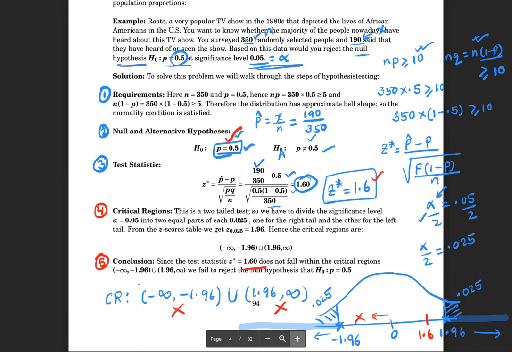Now, when you use a statistical software package, you will actually get something called the p-value, and the p-value is this. Your alpha over 2, you're doing a two-tailed test here, is 0.025. This is 0.025 and this is 0.025.